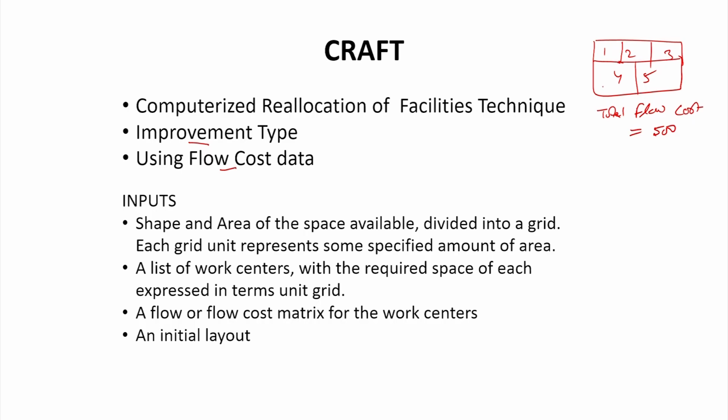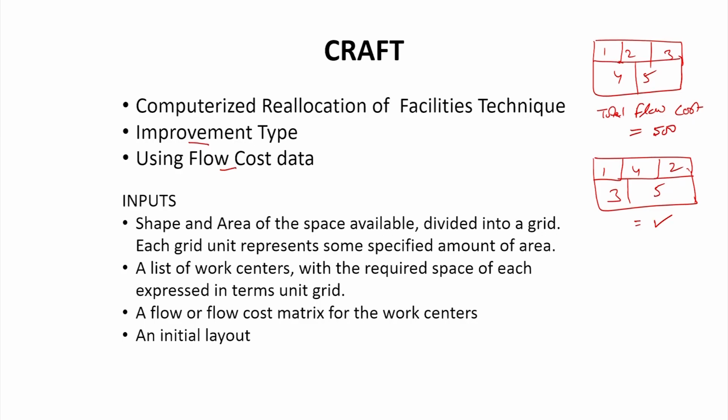Now it will rearrange these departments, and maybe in this manner, say 1, 4, and then it will put 3 here, 5 here, 2 here, and it will again calculate the total flow cost of this particular layout. If this turns out to be lesser than the previous one, then it will retain this and delete the previous one.